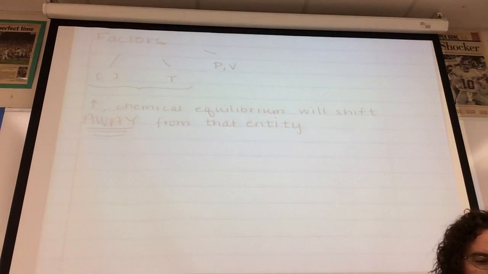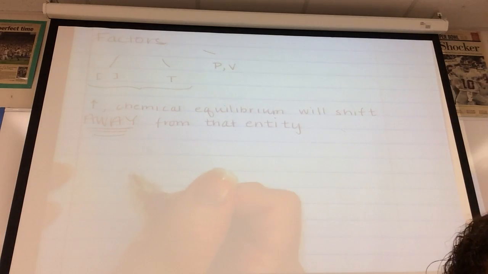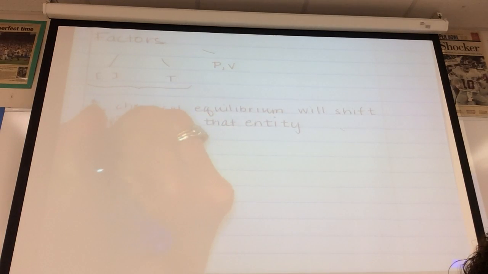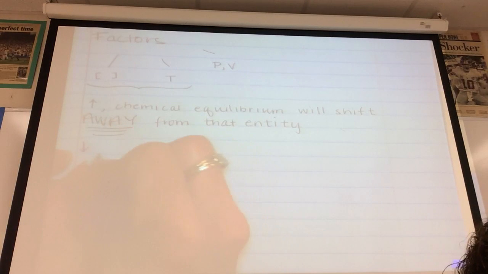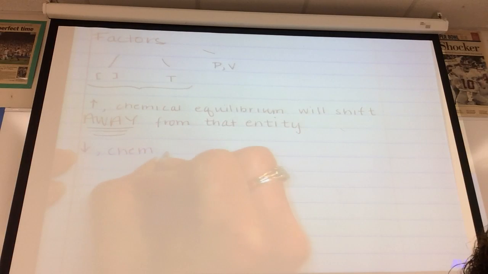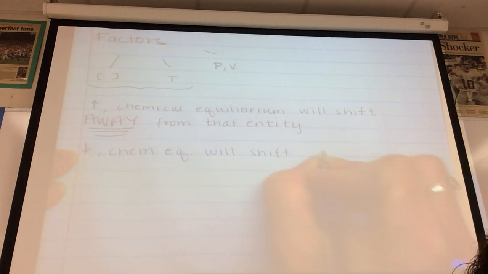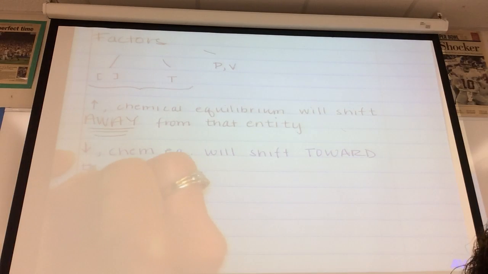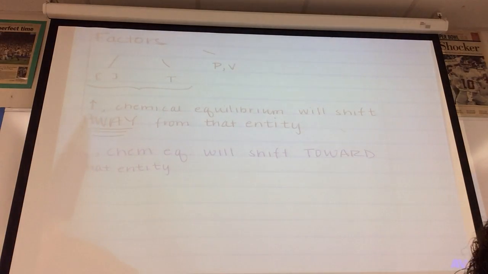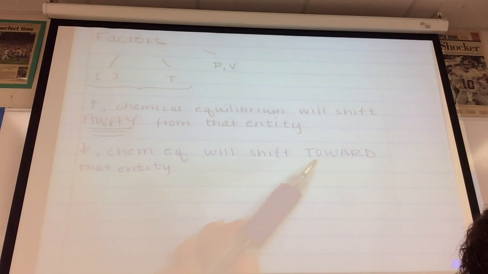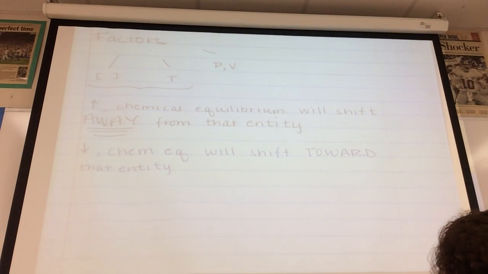In contrast, if you decrease the concentration of a substance or the temperature of the system, chemical equilibrium will shift toward that entity. And I will explain what that means in great detail in just a minute. Increase, away, both starting with the vowel; decrease, toward. And I'll show you what I mean.